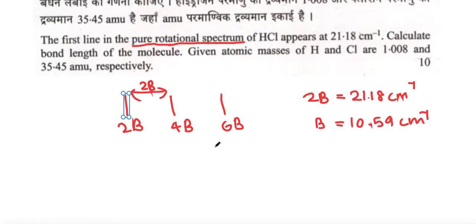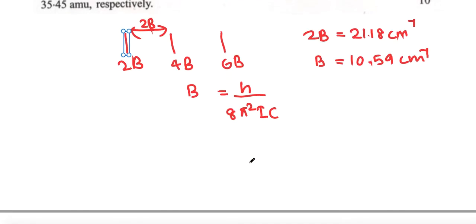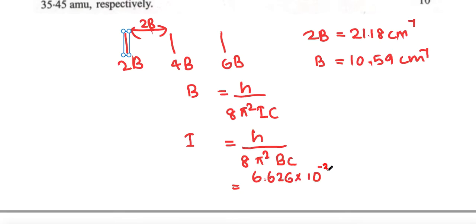We know that B is equal to h by 8 pi square I c, where I is the moment of inertia, c is the velocity of light. From this we can calculate I is equal to h divided by 8 pi square B c. Substitute all the values. We know that h is 6.626 into 10 raised to minus 34, divided by 8 into 3.14 square into 10.59 into c.